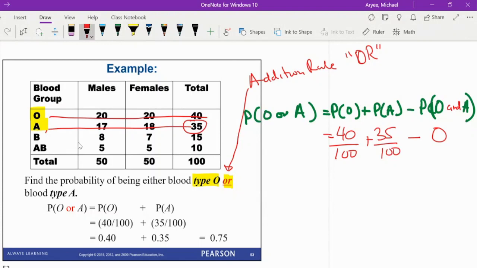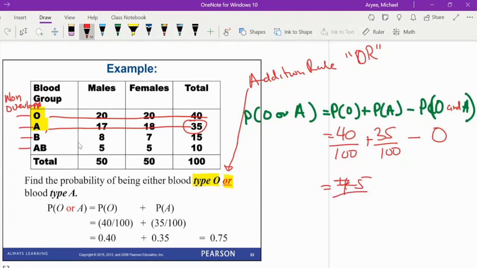The last time I was explaining to you that everything on this line is mutually exclusive because they are non-overlapping. They don't overlap. So if you are in O, you cannot be anywhere else. If you are in A, you cannot be anywhere else. If you are in B, you cannot be anywhere else. If you are in A, B, you cannot be anywhere else. All right. So in this case, all you're going to do is 40 plus 35.